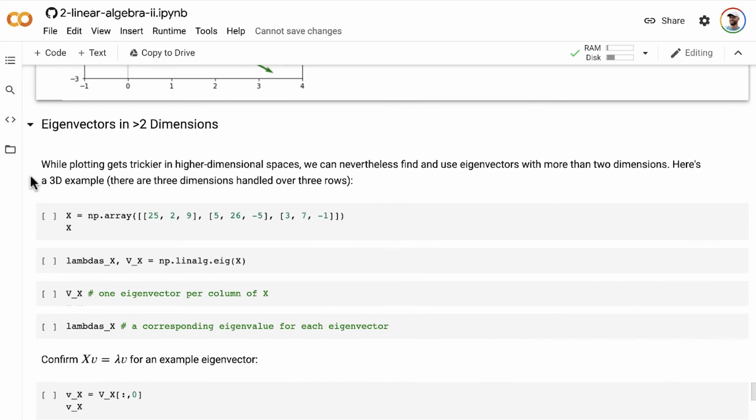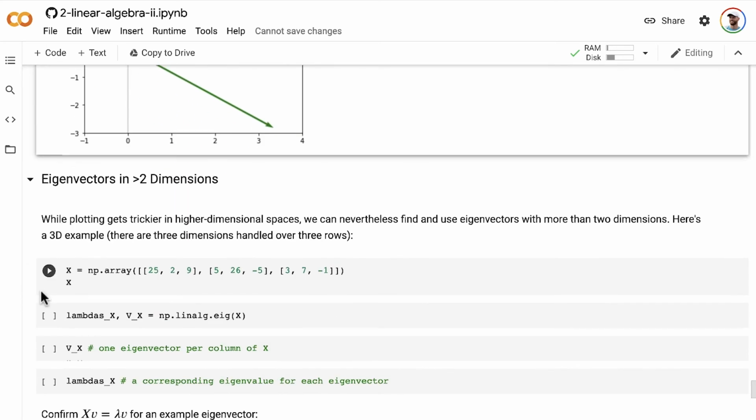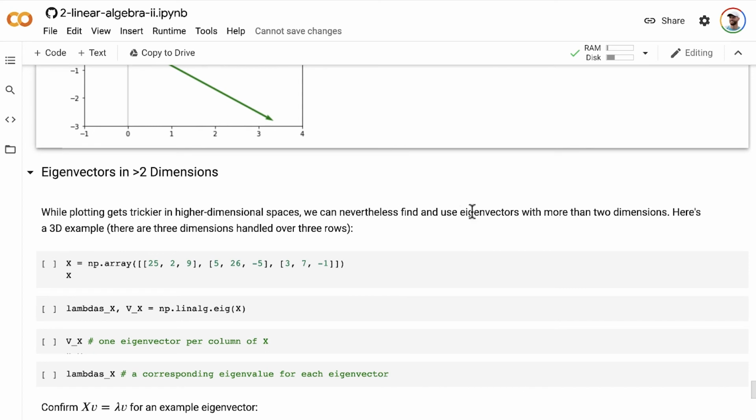So up until this point, we were working with matrices A that had 2 columns, resulting in 2 eigenvectors for that matrix A. And while plotting gets trickier in higher dimensional spaces, so it's nice and easy for me to plot eigenvectors in this 2-dimensional xy plane, if we have more than 2 dimensions, we can nevertheless find and use eigenvectors with more than 2 dimensions. Even if I can't plot it easily, I could do 3D plots, but I didn't put the effort in.